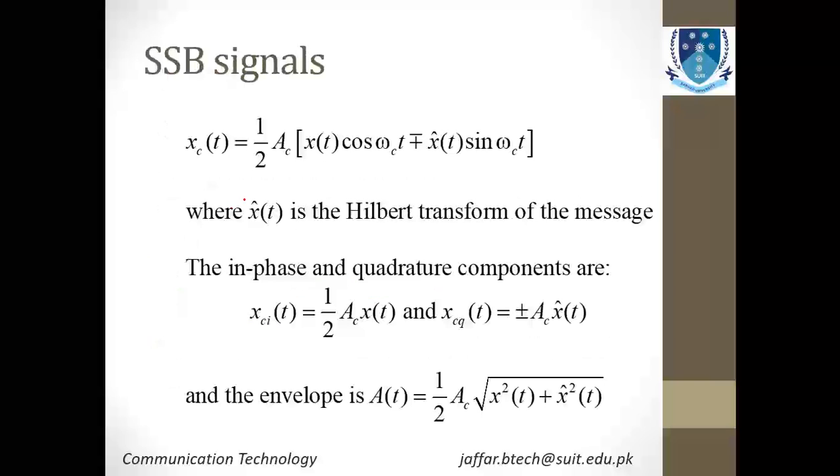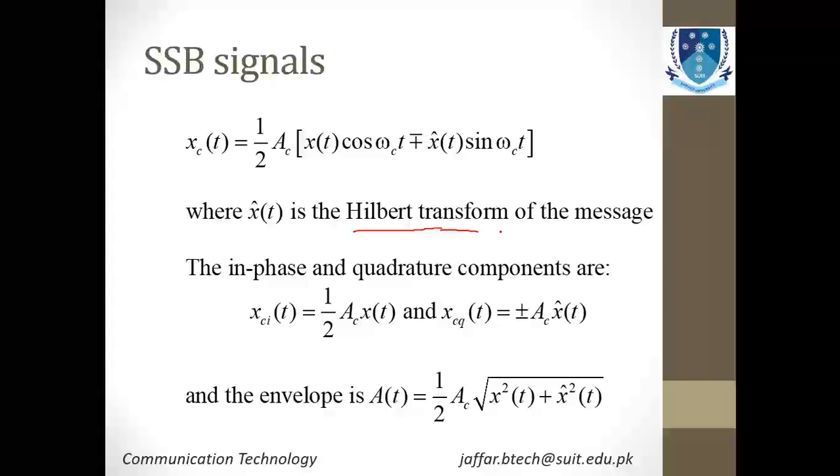Now coming towards the equation of the single sideband. If you see the equation, this is a transform, just like the Laplace transformation that I hope you have learned about. This is also a kind of transformation. We will be discussing that in class, inshallah, because it is a separate topic, the Hilbert transform.